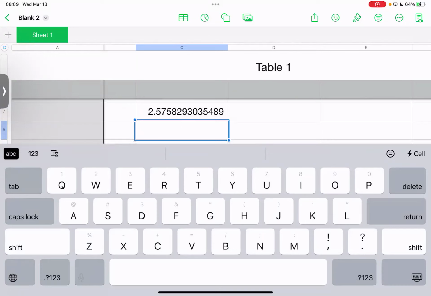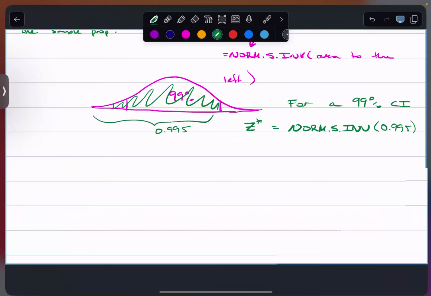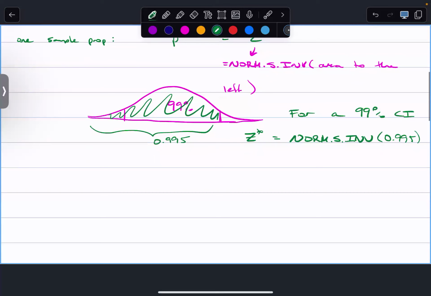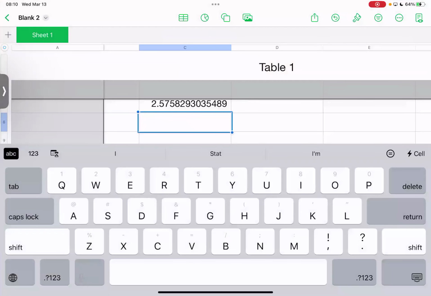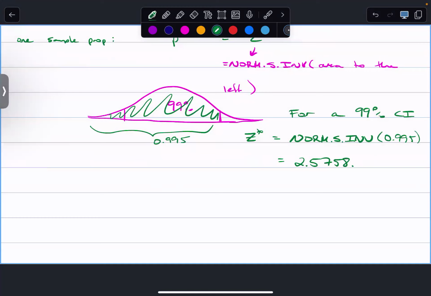Hey, 2.576. Close enough. Okay, I did it, which equals 2.5758-ish.